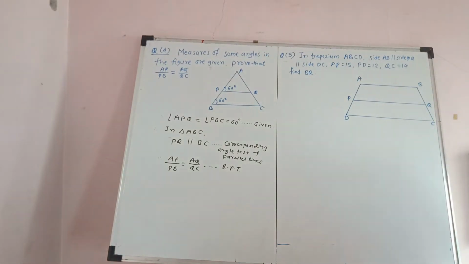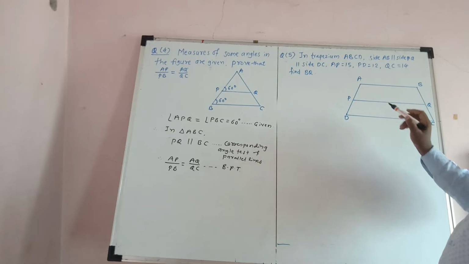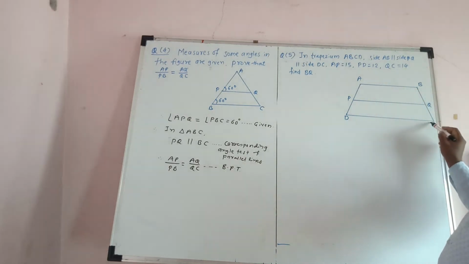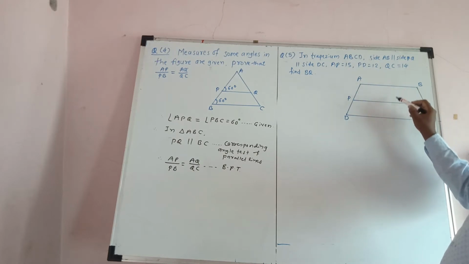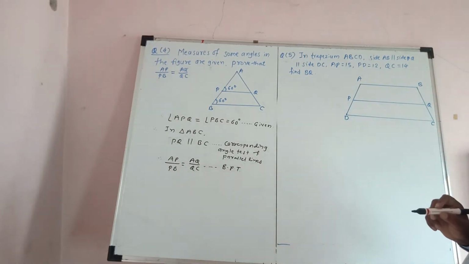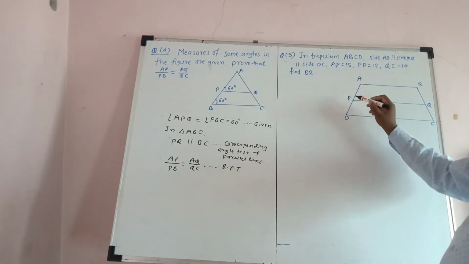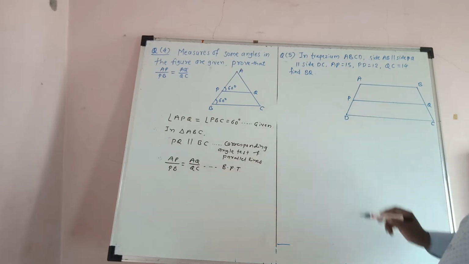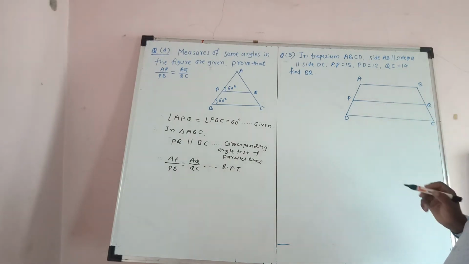Now example number 5. In trapezium ABCD, side AB parallel to side PQ parallel to side DC, and we have given values as AP 15, PD 12, QC 14, and we have to find BQ.